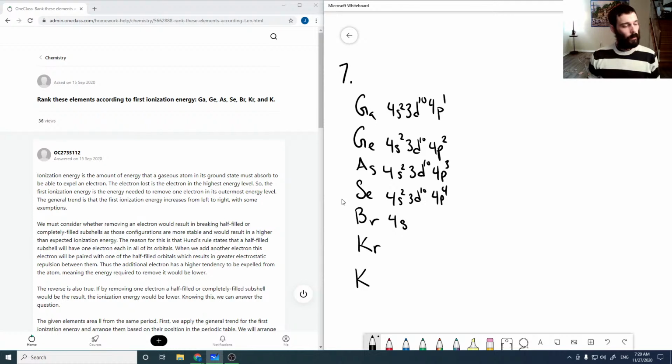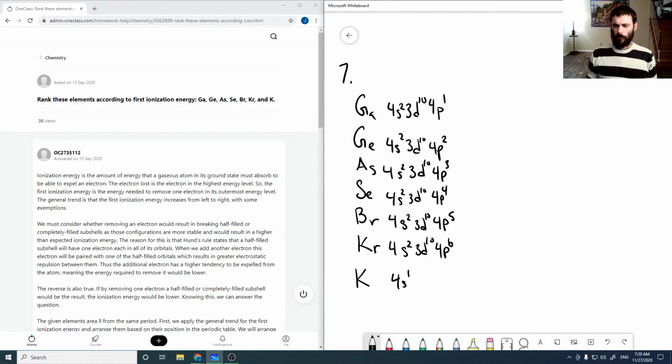And so what largely affects your first ionization energy is how much energy it takes to remove these electrons, and also how stable the cation is. But the largest thing is really how difficult it is to remove an electron.